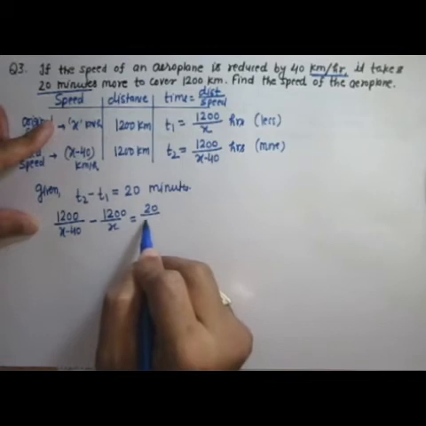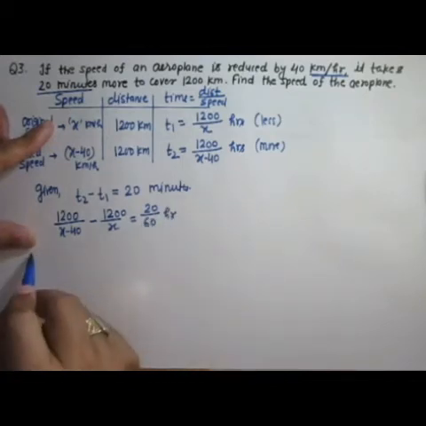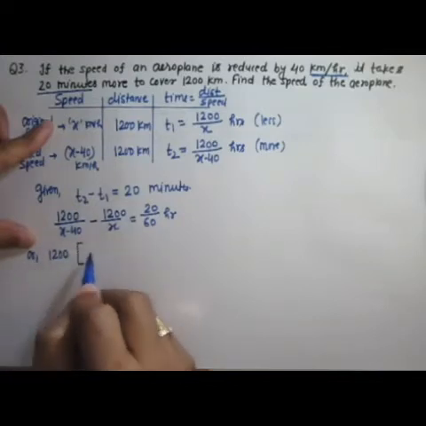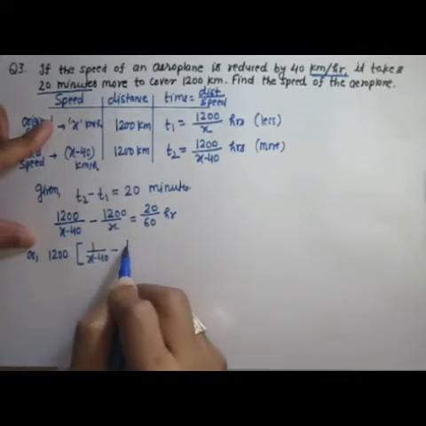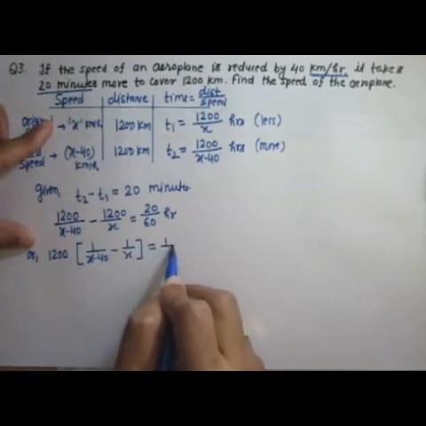So this is 20 by 60 hours. Now take 1200 common, so we will get 1 by x minus 40 minus 1 by x is equal to 1 by 3.